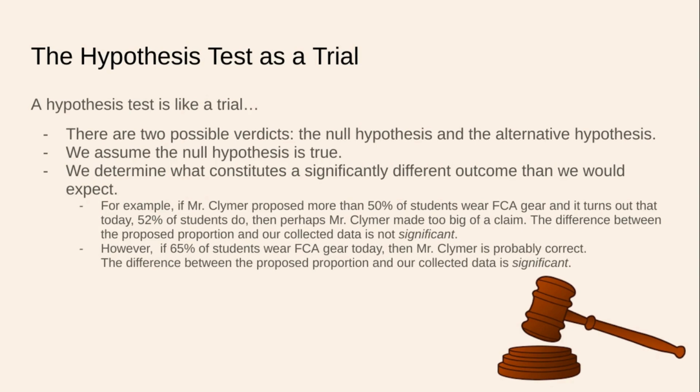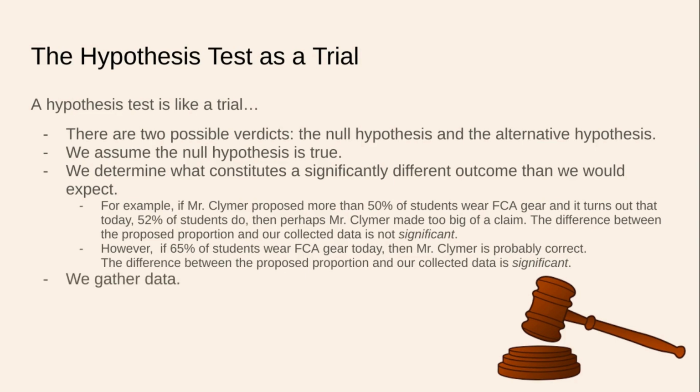However, if a whopping 65% of students wear FCA gear today, then Mr. Clymer is probably correct. The difference between the proposed proportion and our collected data is significant, right? So that word significant is important. There needs to be some kind of threshold. What is the threshold? That is what we will address in the remainder of this chapter.